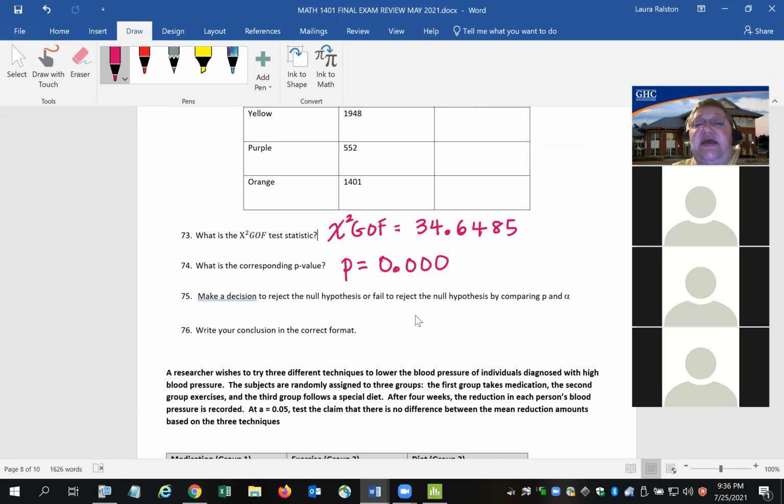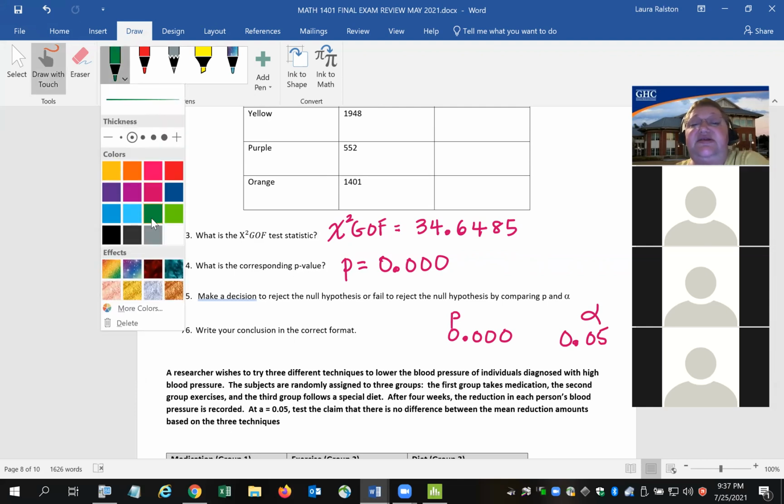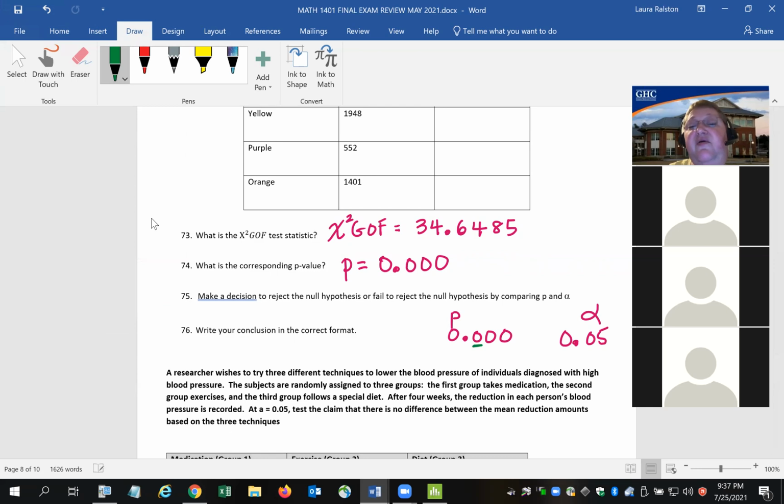So if we compare P, which is 0, to alpha, which we're going to use 0.05, again comparing it digit for digit, 0 compared to 0, 0 compared to 5. 0 is less than 5, so P is less than or equal to alpha. When P is less than or equal to alpha, we reject the null.